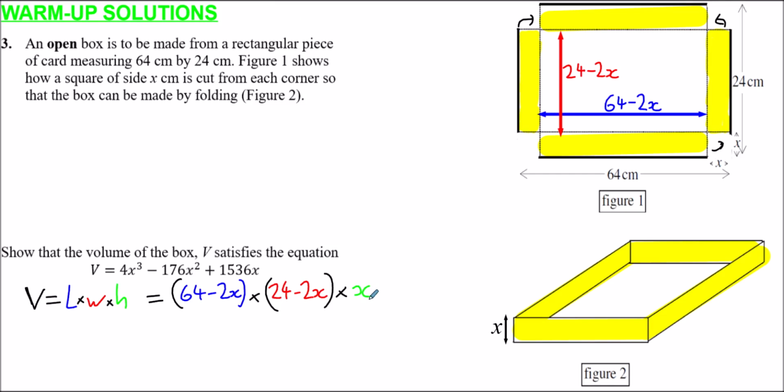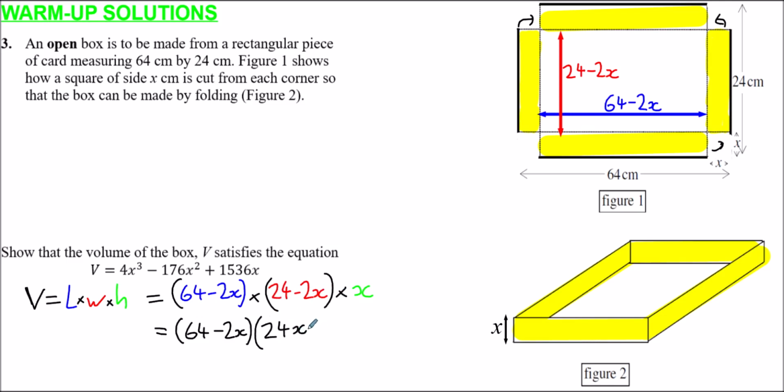This looks like an awful thing to expand, but actually we can just pop this x inside one of these first two brackets. I'll leave the first bracket as it is, 64 minus 2x. If I put this x on the inside, I'm going to expand this out, but then re-bracket it. 24 times x is 24x.